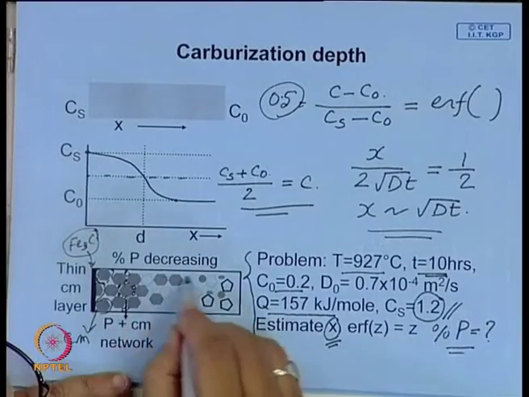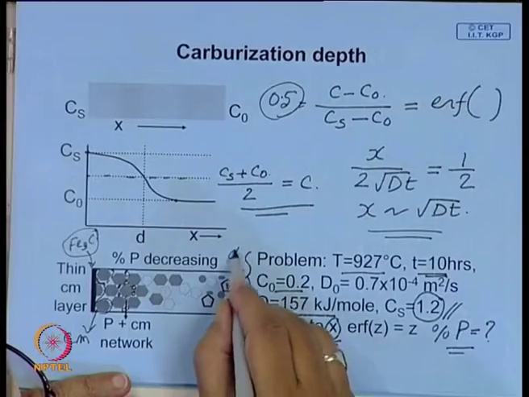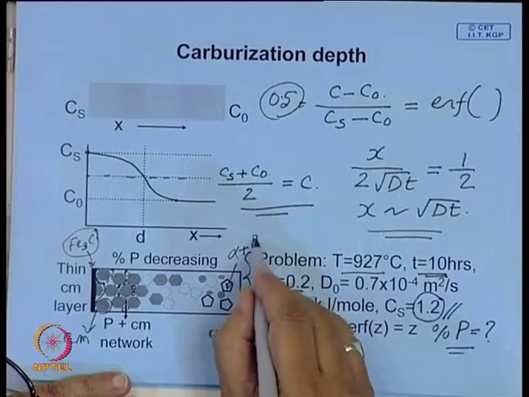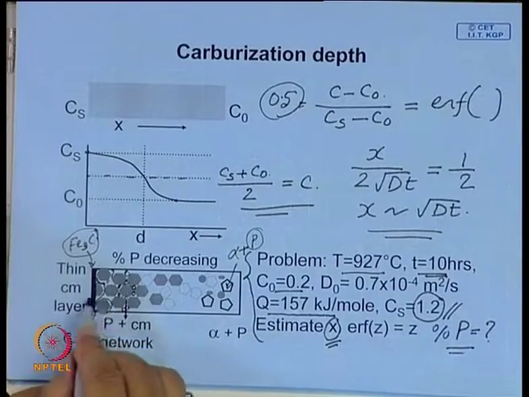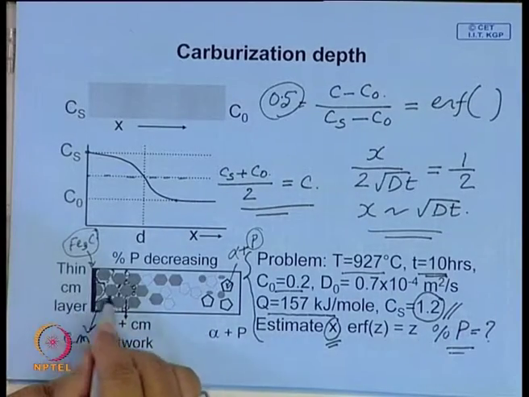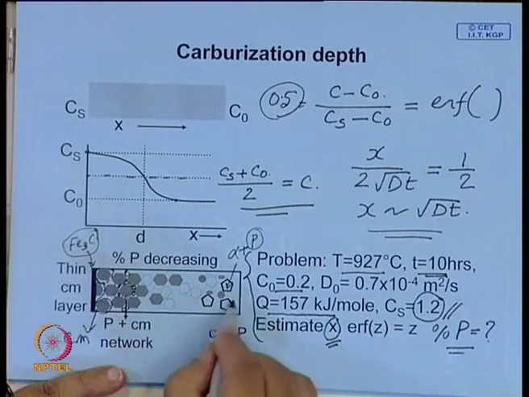As you go downward, that structure will be mostly ferrite plus a little amount of pearlite depending on the carbon content. So, you will have a structure gradient, meaning structure will vary from surface to core.